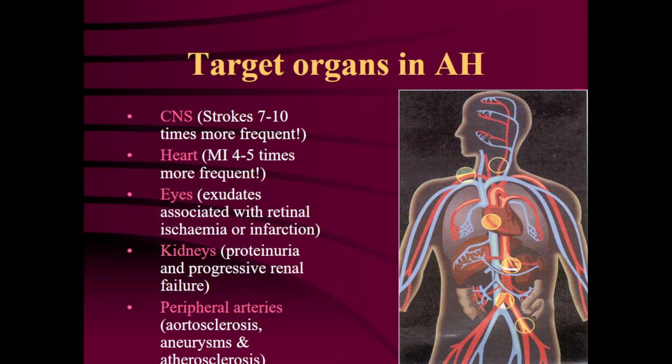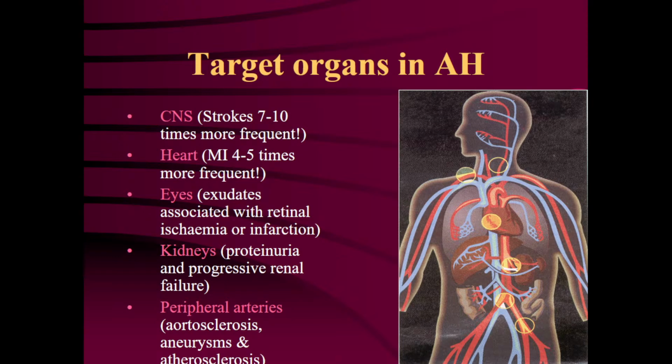And what about the heart, the myocardium? Is it affected? Yes, of course, because it was determined that acute myocardial infarction occurs 4 to 5 times more frequently. What about the eyes? Exudates associated with retinal ischemia or infarction also occur more frequently in patients with arterial hypertension than in the population.